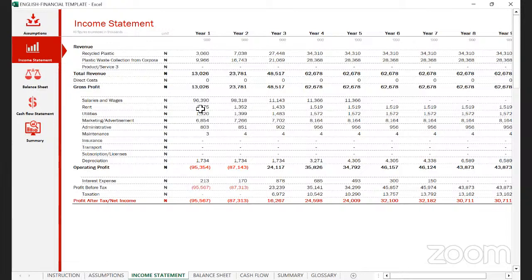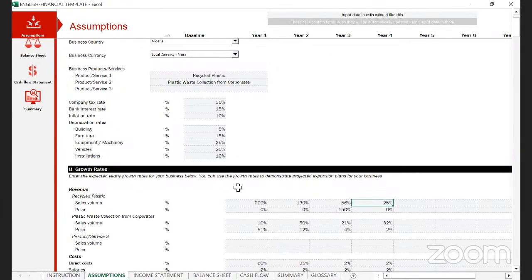But essentially, when you notice your income statement is showing you a negative position, it's just telling you that it is a function of the assumptions. Your costs are either too high or your revenue is too low. So you go back in there and you adjust it. And as you're adjusting it, you're also making a mental note that, okay, if I don't want to run at a loss in real life, I need to put in more effort in growing my revenue and keeping my costs stable for my first years.